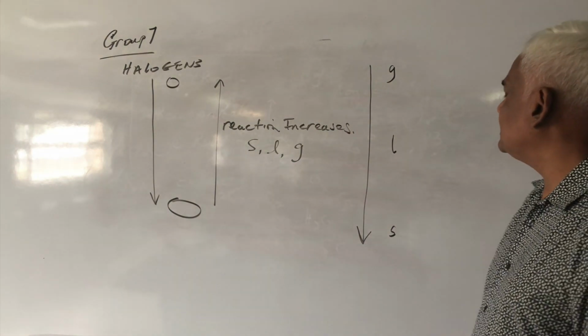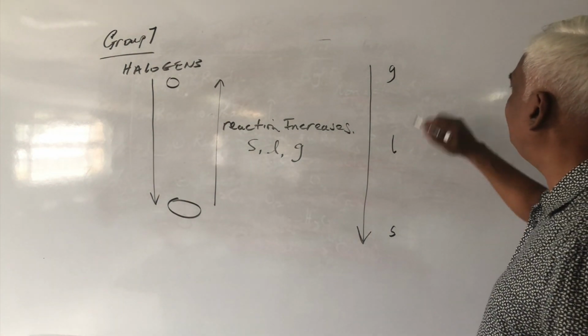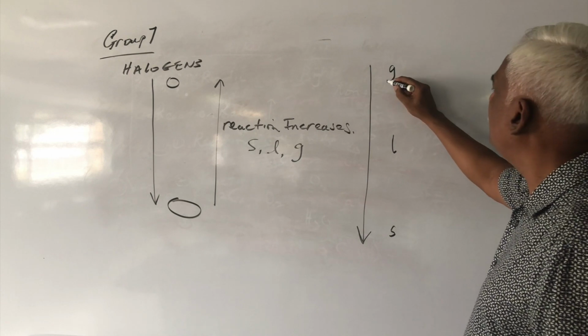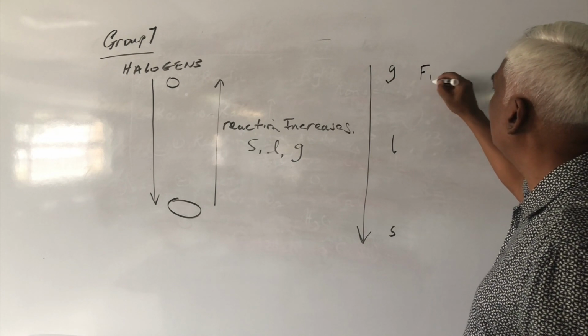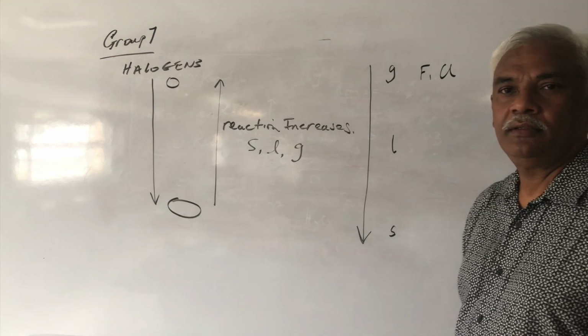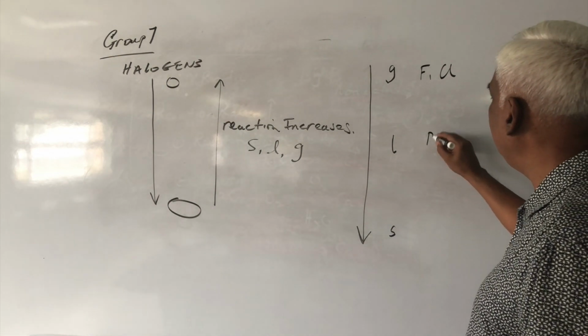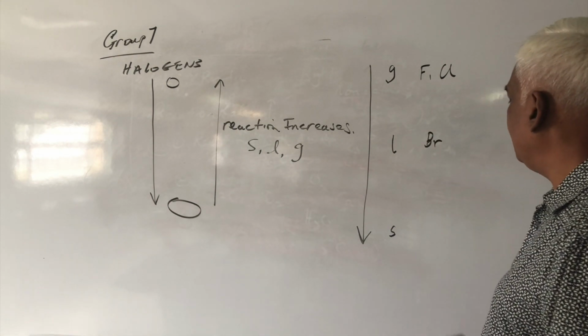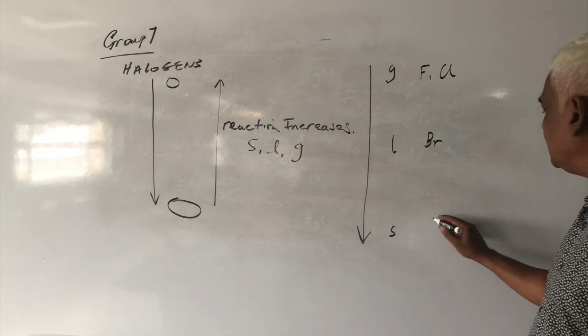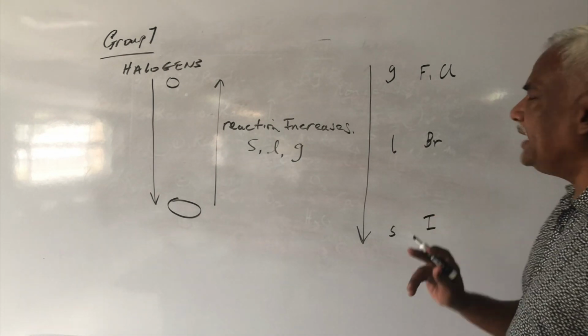So we'll have, for instance, fluorine and chlorine being gases, bromine being a liquid, and iodine and astatine being solids. All right? And why is that so?